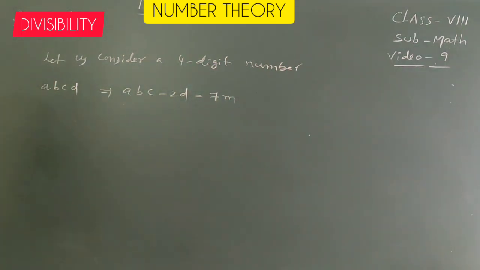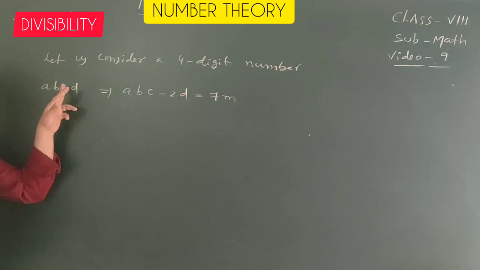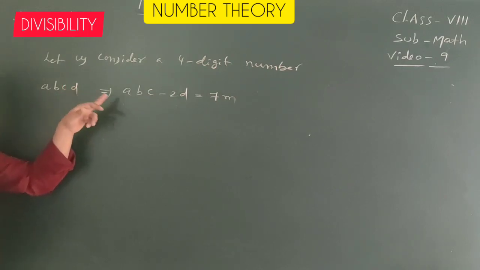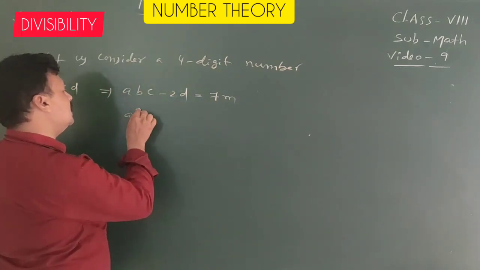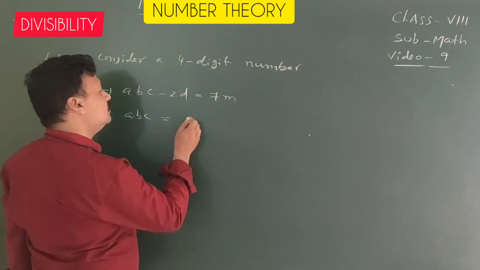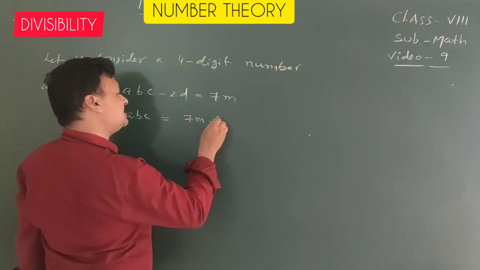Okay, now only we discuss it. If ABCD is a 4-digit number, last digit D, twice the last digit subtracted from the truncated number. Here the truncated number is ABC. 2 times D subtracted from ABC, then it is a multiple of 7. So ABC equals a multiple of 7 plus 2D.